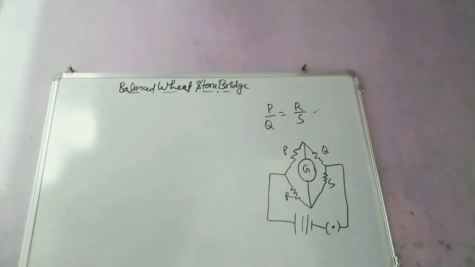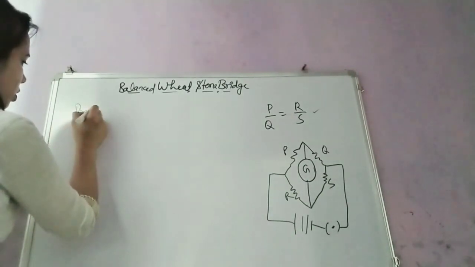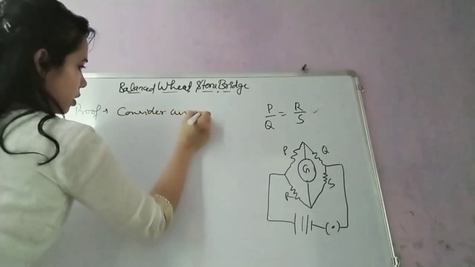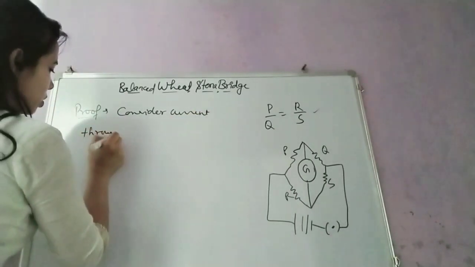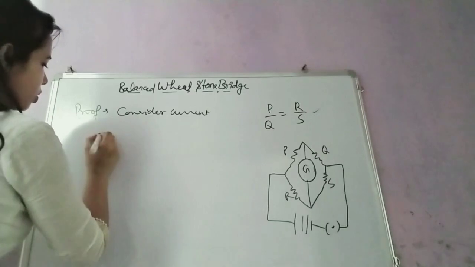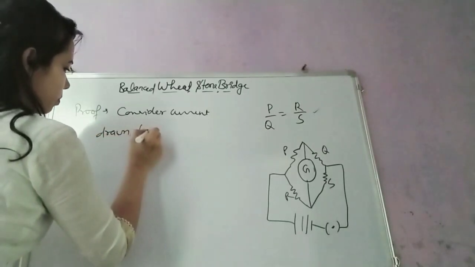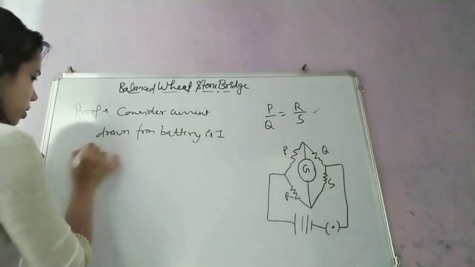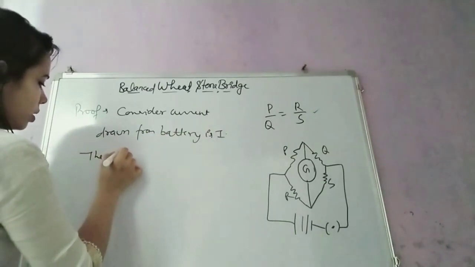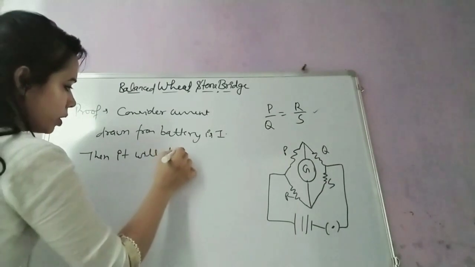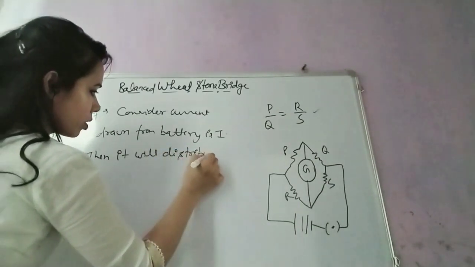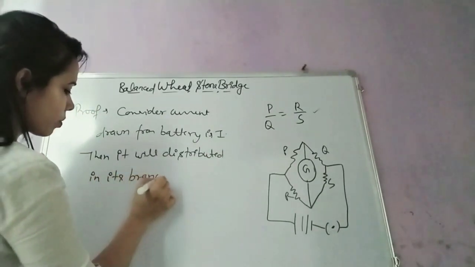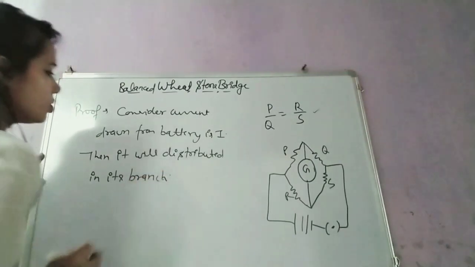So you will write proof. Consider current drawn from battery is I. Then it will be distributed in its branches.